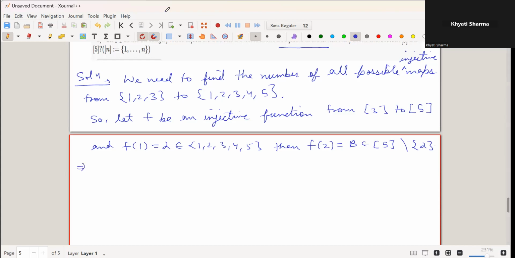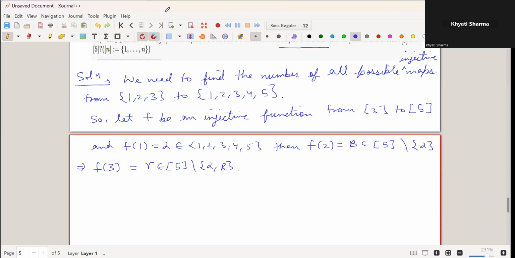And this implies f of 3 has to be something, gamma, inside 5 minus the set alpha, beta, right?